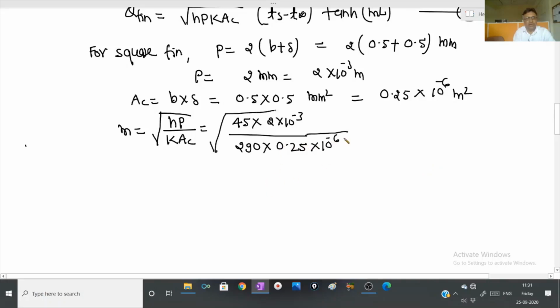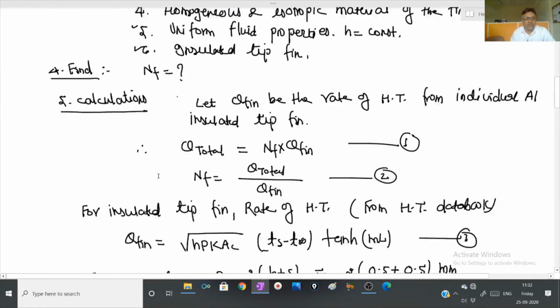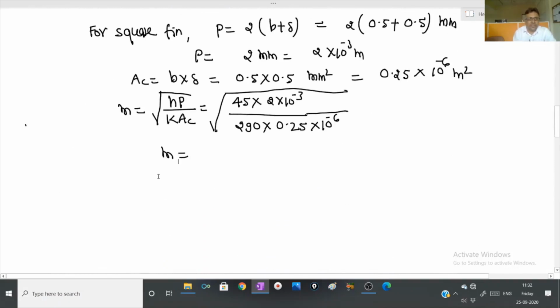Entire term will be under square root. So from here the value of m will come out. Let me check, it is 290 or 690. Sorry, it is 690. The thermal conductivity is 690. So after calculating, the value of m will be 22.84 per meter.